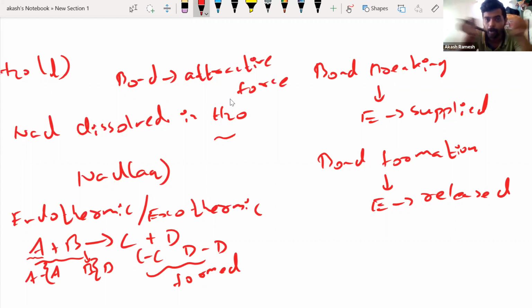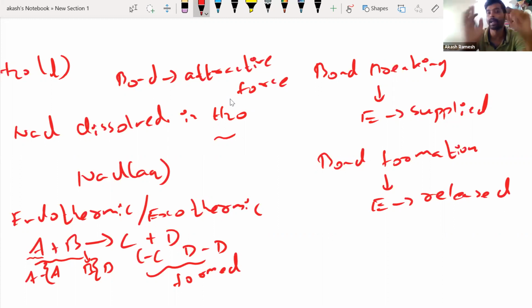So when a bond is formed, the atoms involved in the bond formation attain stability. And obviously, if the stability is increased, energy has to decrease. And how will the energy decrease? By giving out the energy.